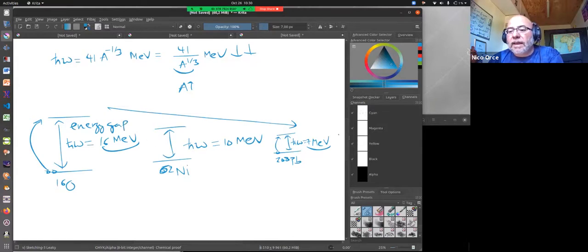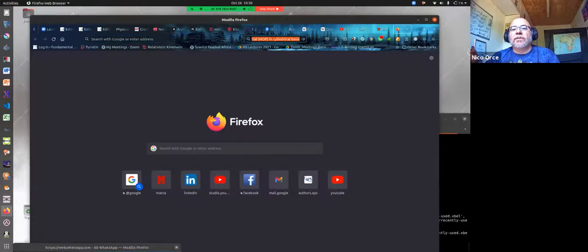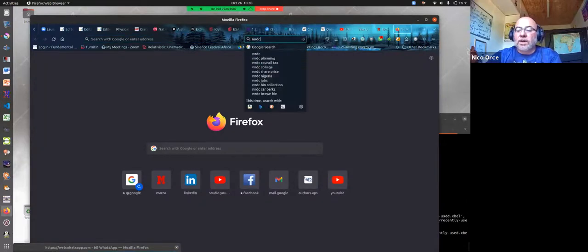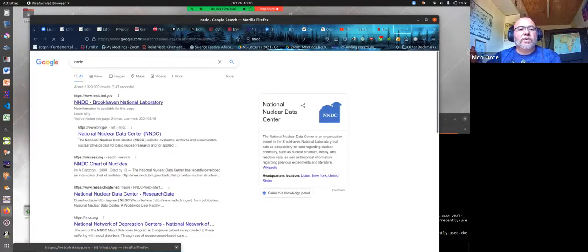And when we look at the excitations of oxygen 16 and lead-208, we can always compare the situation by looking at the NNDC. This is our database. We can always look at what is happening in oxygen 16.